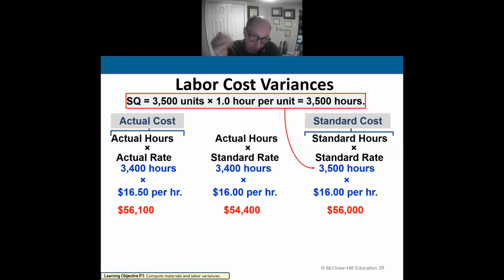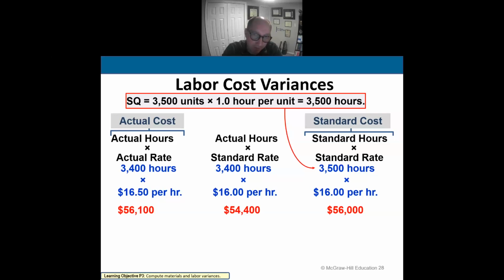It's looking unfavorable. But the actual hours, that's favorable. But the actual rate, unfavorable. The variance is actual hours times the standard rate.